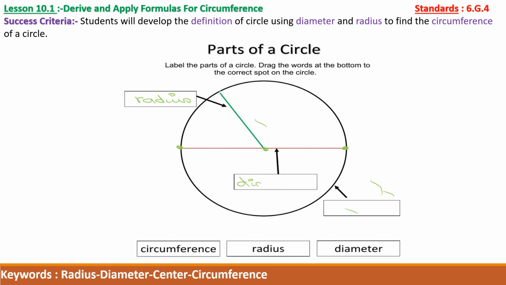Definitely it is diameter. And the part surrounding the circle is said to be what? Yes, it is circumference. So this is what we have to know about the circle.